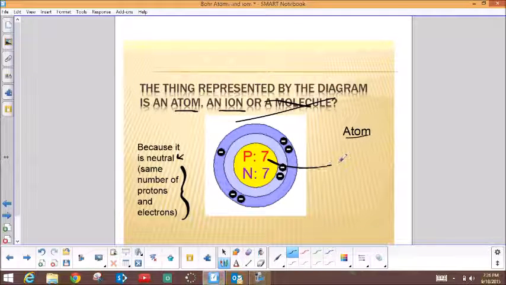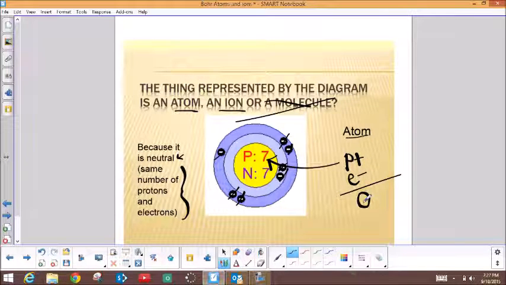This is showing you that you have 7 protons. If you have 7 protons, how do you know if you're an atom? You count. 1, 2, 3, 4, 5, 6, 7 electrons. So I have 7 protons and 7 electrons. That makes me neutral, and therefore I am an atom.